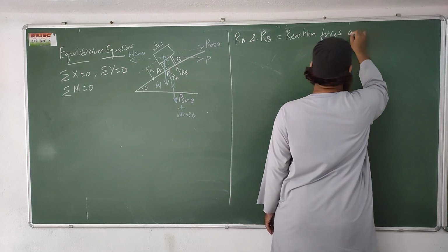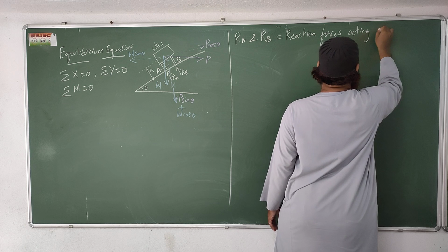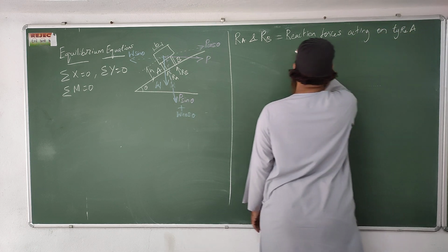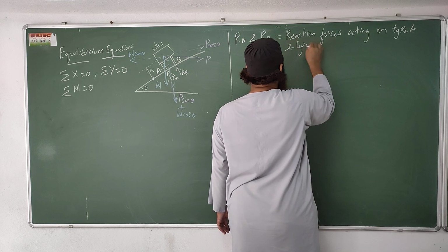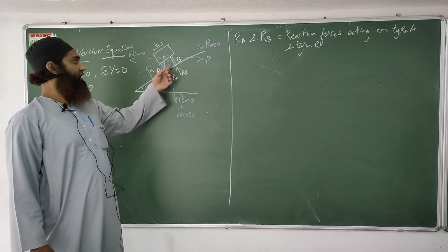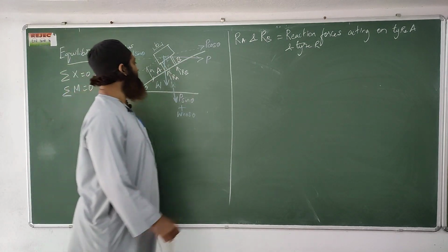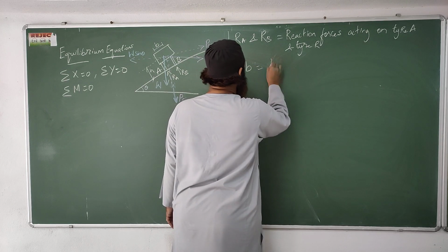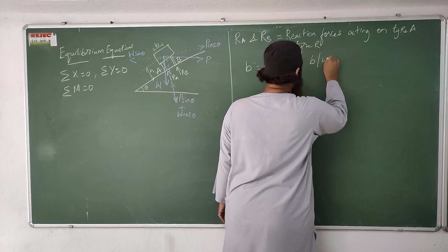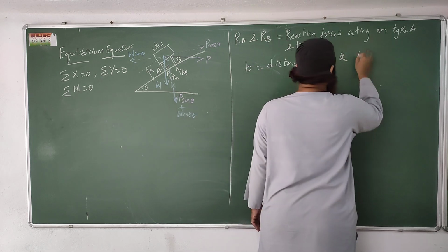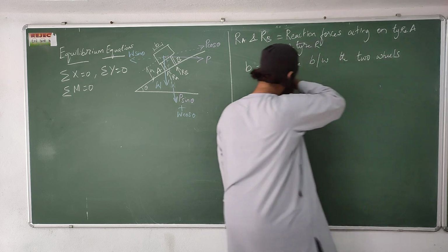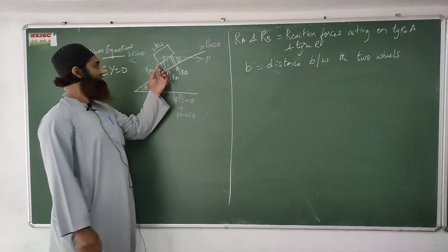RA and RB are the reaction forces acting on tire A and tire B. Then let us see, B is the distance between the two wheels, you can see here.